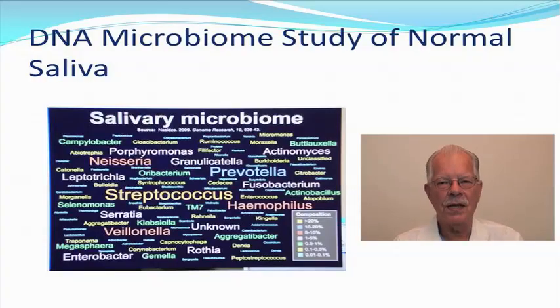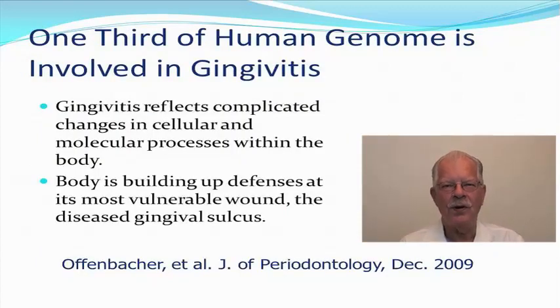Marshall also, in his studies in collaboration with others, found that there's hundreds of microbes in the mouth. Some are very dangerous. I'm not going to go over all these, but you can look at how many different microbes actually survive in the normal saliva of human beings. Interestingly enough, 1/3 of the human genome is involved in gingivitis. In other words, when you get gingivitis, that activates 1/3 of the human genome.